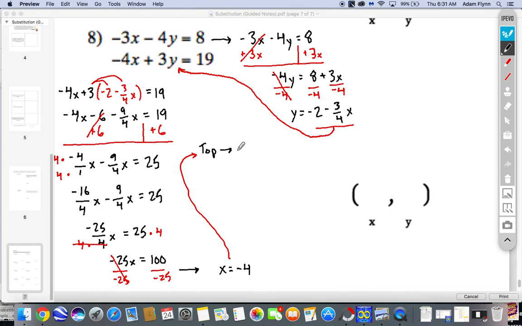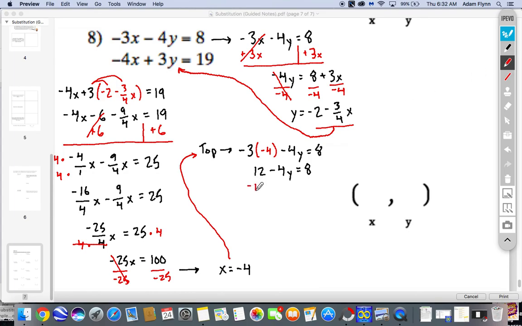Okay, so if I do the top equation, I've got negative 3, but instead of x, plugging in negative 4, minus 4y equals 8. Negative 3 times negative 4 is going to be a positive 12. Then minus 4y equals 8.